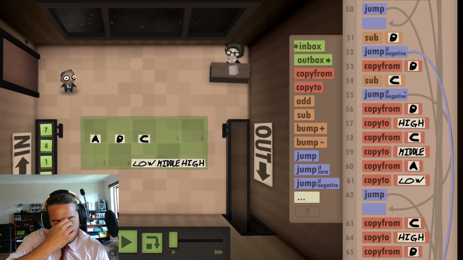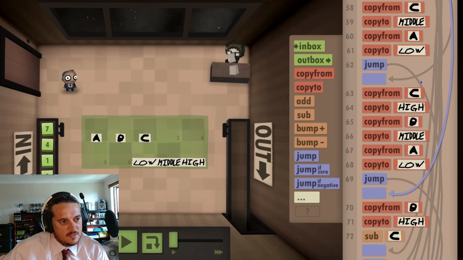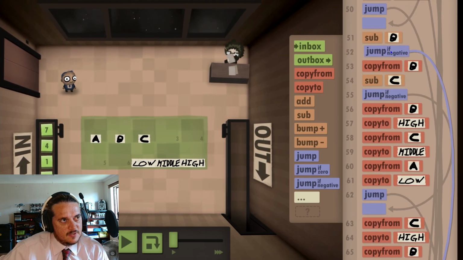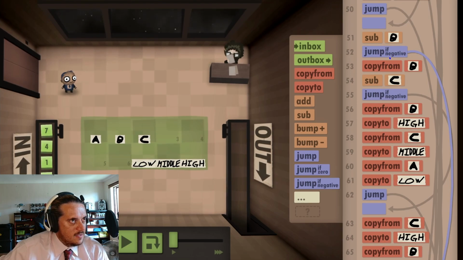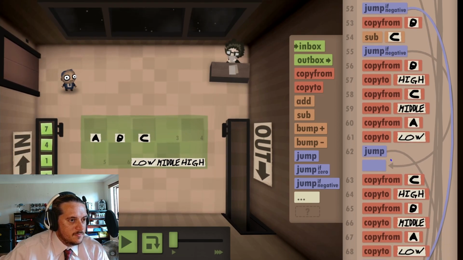If B is higher than A, then I need to check if C is higher. And if B is higher than A, it is higher than B if it's a negative. That's what I'm assuming.